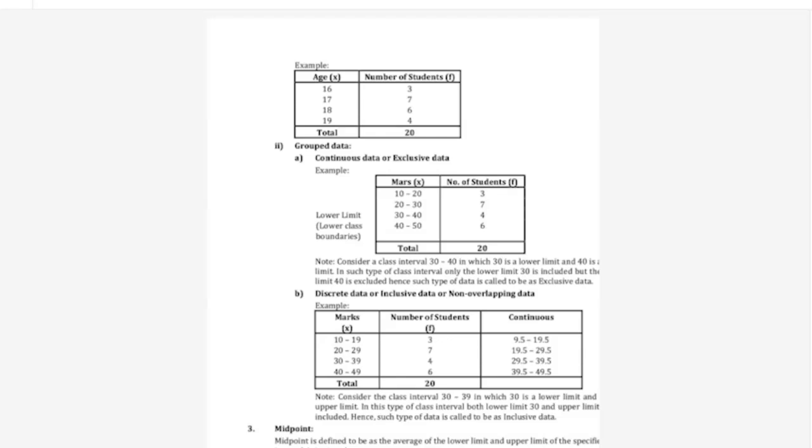So this given example or this given table, it represents the age of how many students?